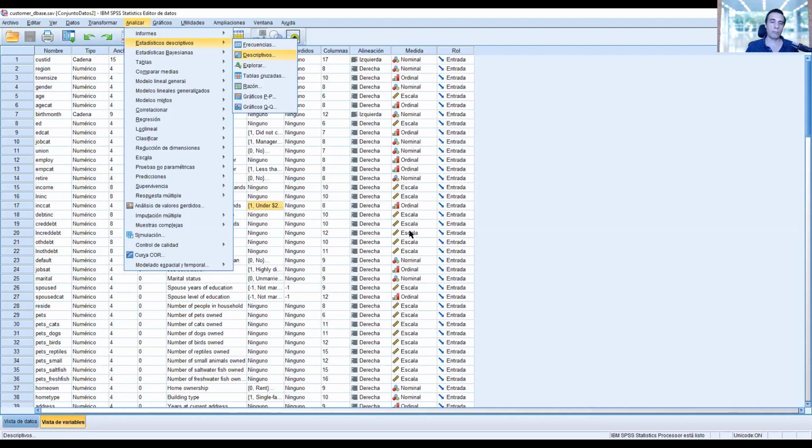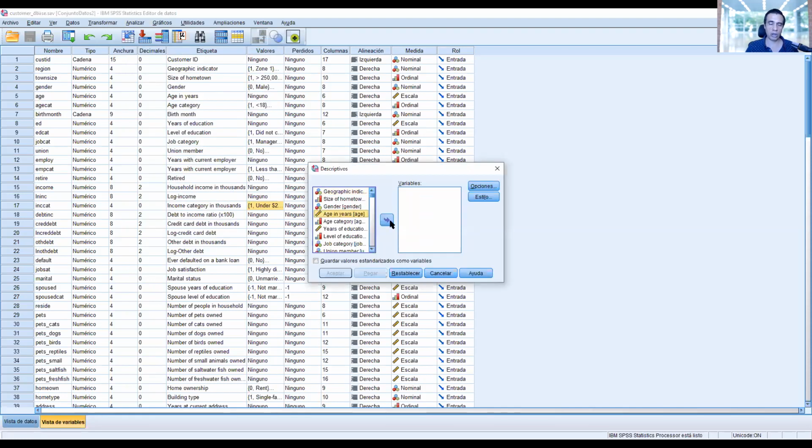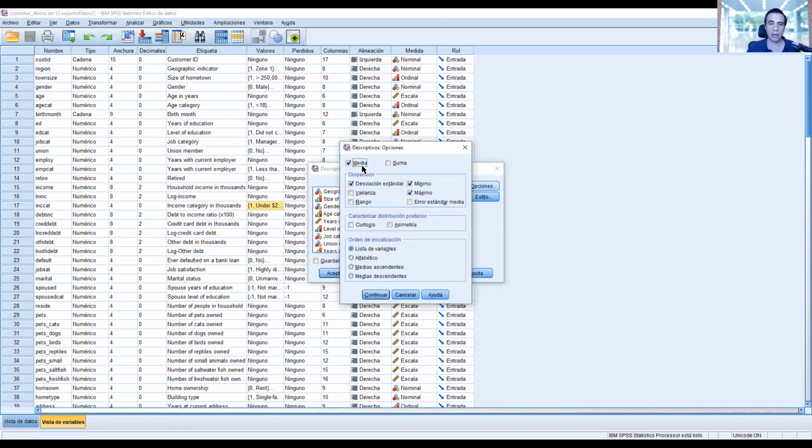Now I'm going to select age, the variable that we are analyzing. I will go to Options, and right there are the mean, standard deviation, minimum, maximum, skewness. Here we do not have the median; that one will appear in another procedure. So I will use these. Continue.